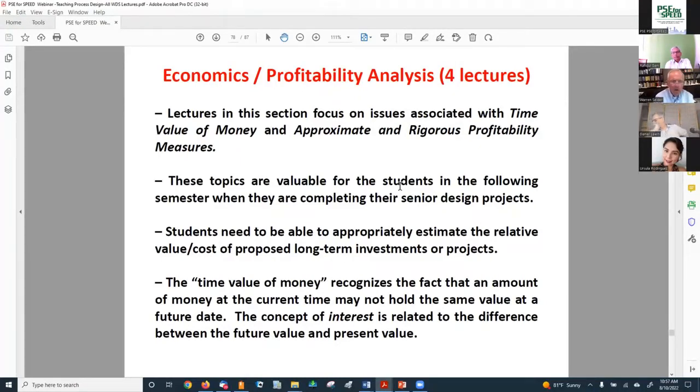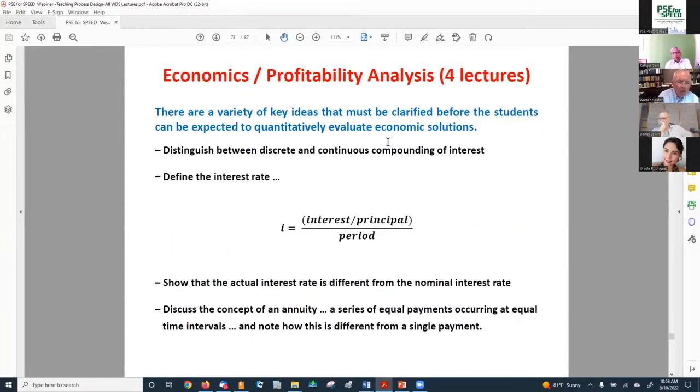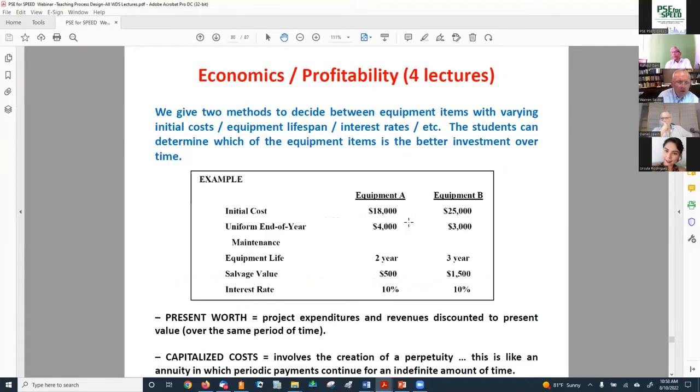The students need to be able to appropriately estimate the relative value and cost of proposed long-term investments or projects. And the time value of money becomes very important. So I think everyone around here knows what we mean by the interest rate. And I'll just simply skip past this.